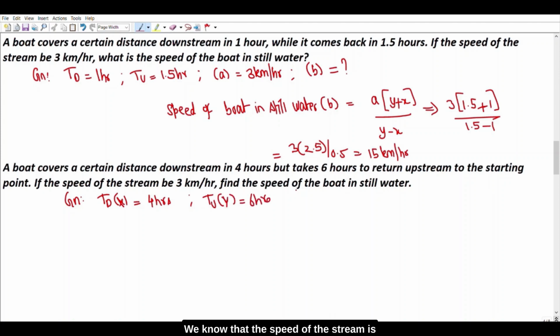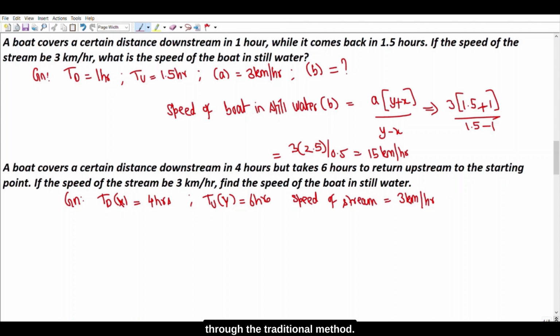We know that the speed of the stream is equal to 3 km per hour and we need to determine the speed of the boat in still water.